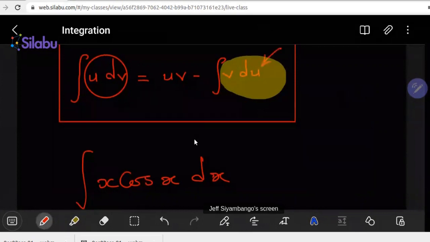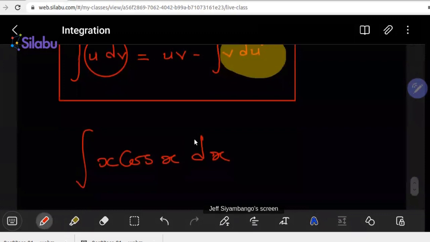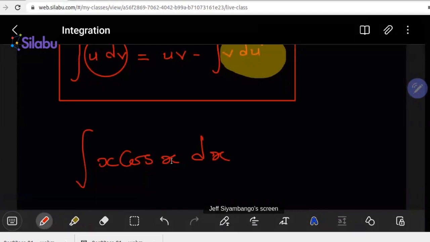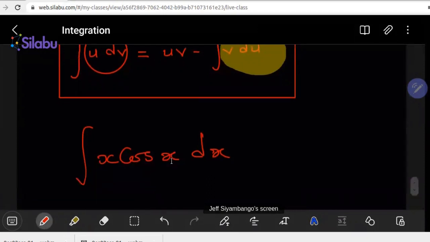One way of looking at it: when you have a product of two terms to integrate, the initial choice is which part to make your u. The first thing you want to do is choose which of the two terms is your u. After that, you look at which part becomes your dv.